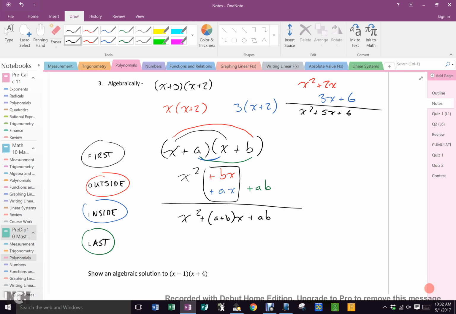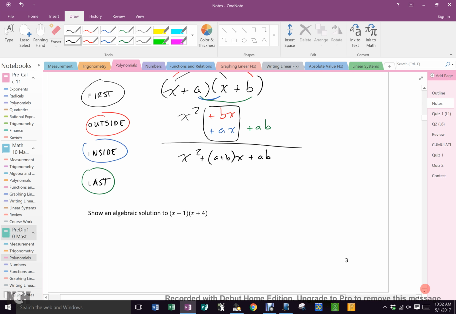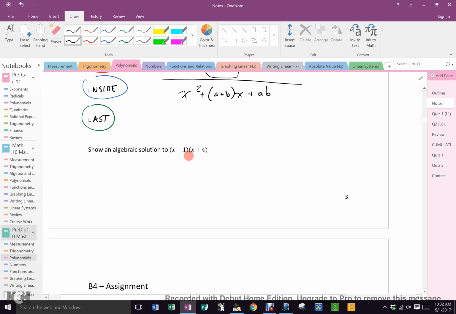Everybody cool? So this question should be able to do in your sleep. x squared plus 4x minus 1x minus 4. x squared, what's 4 minus 1? 3x minus 4.